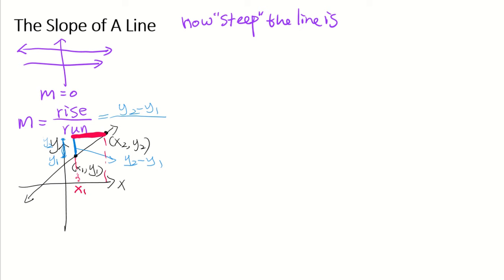Well, this one is x1, this is x2, so this red segment, the run part, will be x2 minus x1. So the rise is y2 minus y1, the run is x2 minus x1. And this is the formula of a slope with two given points on the line, x1, y1, x2, y2.